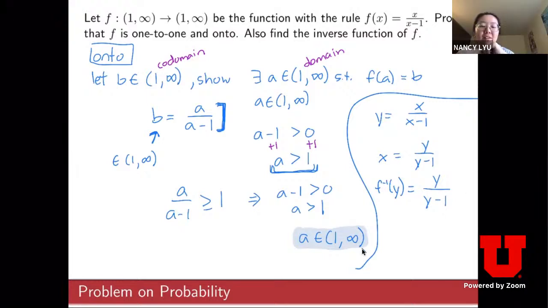I think the inverse, the f inverse of y, that one should be equal to x over x minus 1, because you have the inverse and you input y.